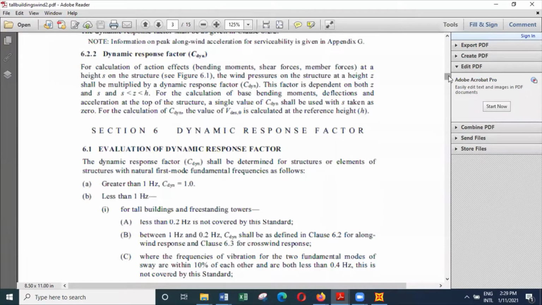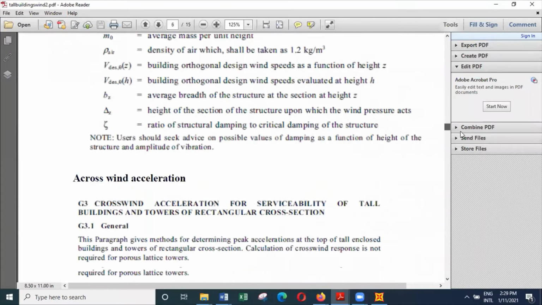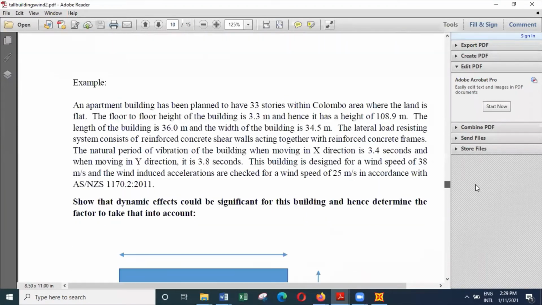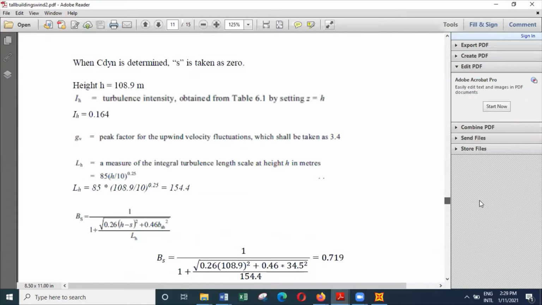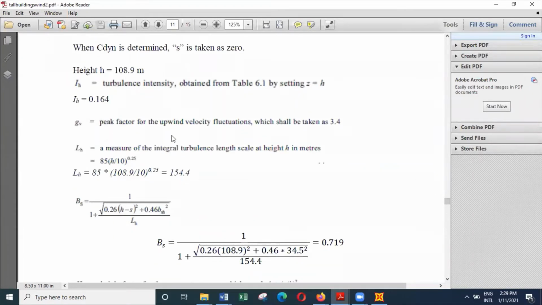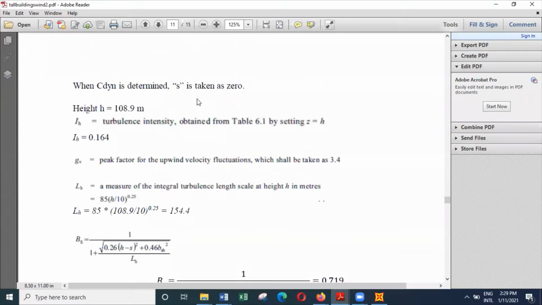So S is 0. The height H is 108.9 meters.